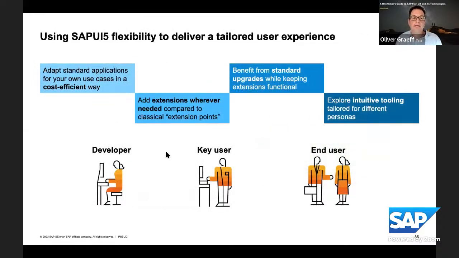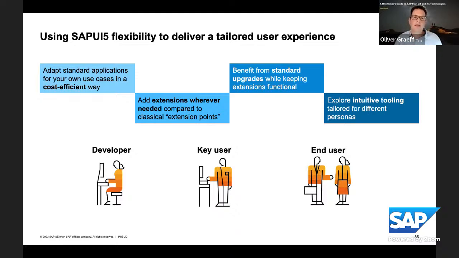SAP UI5 flexibility is functionality in SAP UI5 to make changes to a standard application in an efficient way, to make it upgrade safe, right? Your custom extensions should work even if the standard application beneath is updated, next version and so on. And you want to do changes wherever you need it.